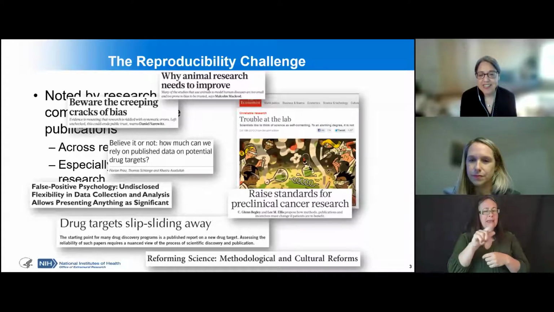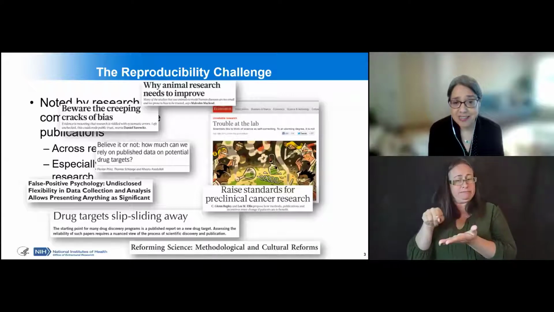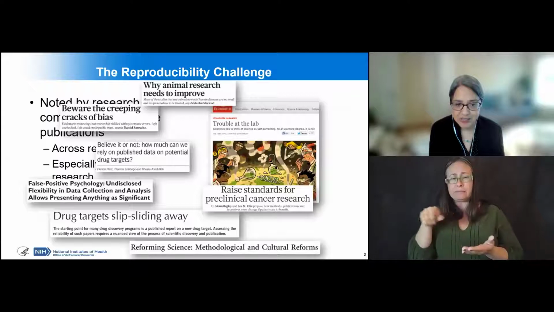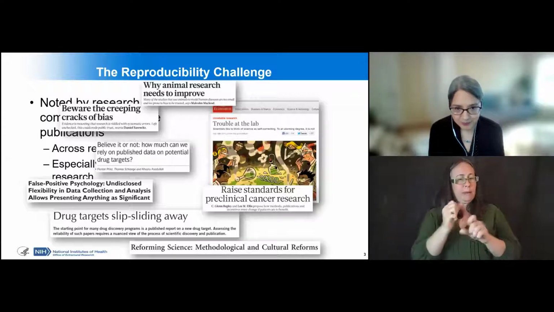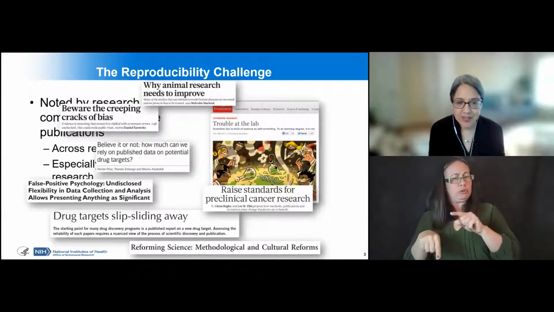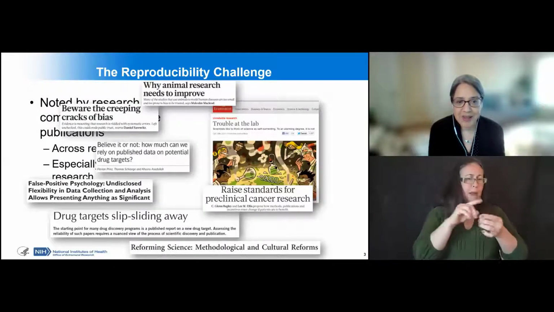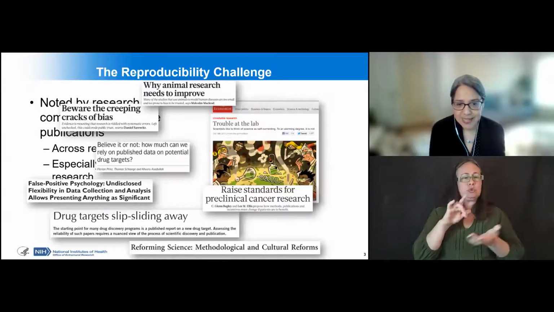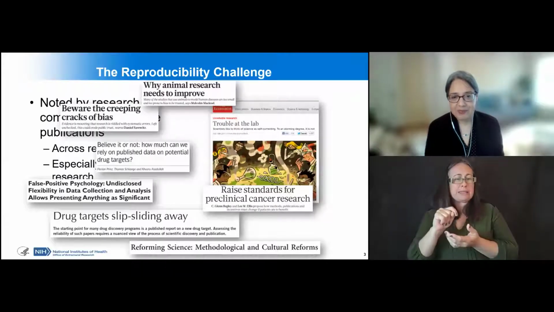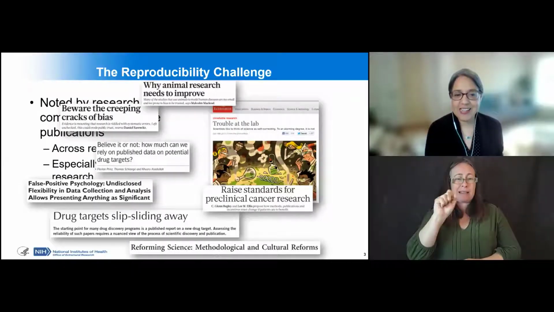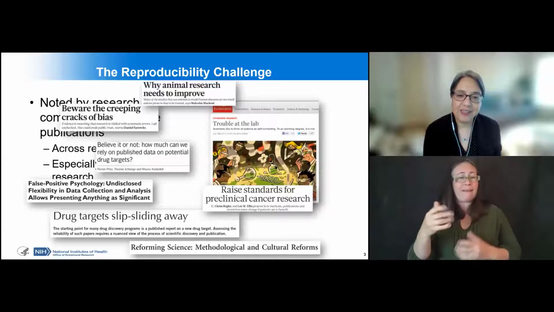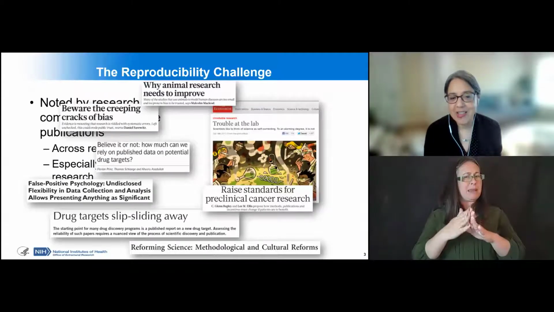And what they found is that for a large number of the studies that they attempted to reproduce, they were unable to. And so a lot of publications came out about the issues, drug targets sliding away and trouble in the lab. So you see that it became very pervasive at that point.